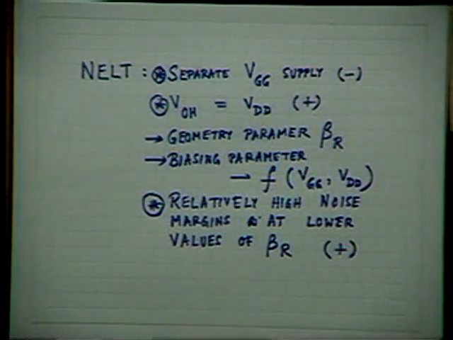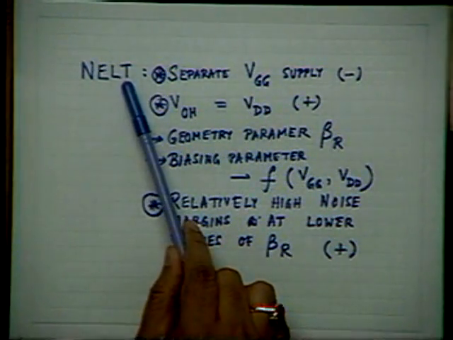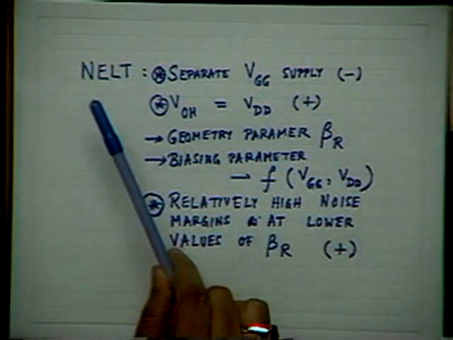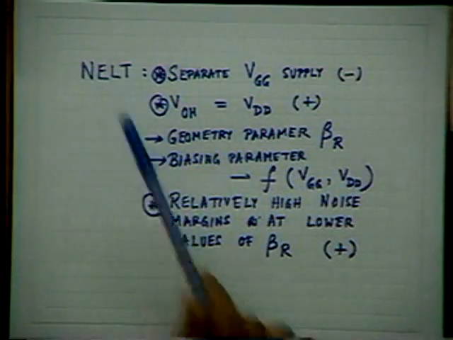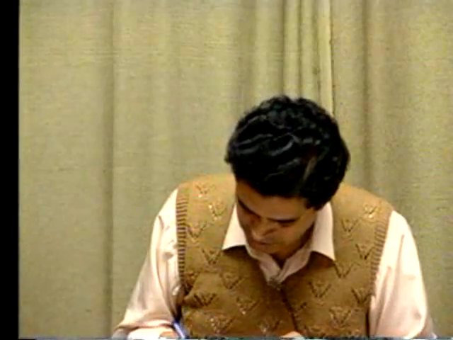And therefore, because the load transistor here is a MOSFET operating in the linear or non-saturation region, it offers a smaller resistance, and therefore the charging time will also be less. Therefore, from the speed point of view, NELT is superior to NELS, higher speed.